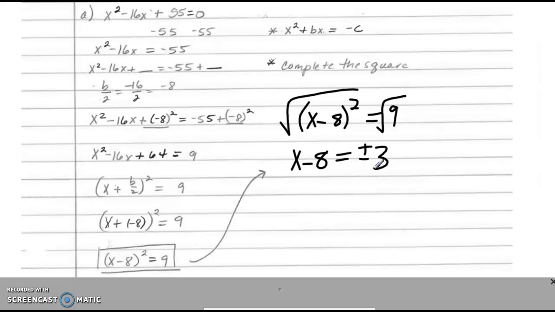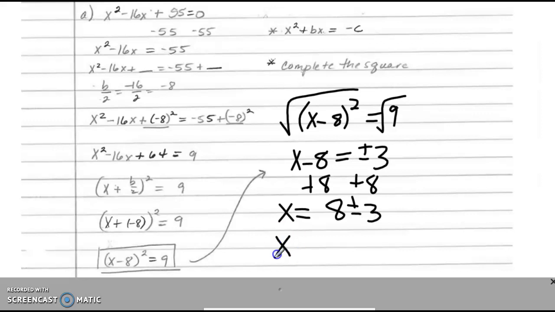Okay, so how now do I get x by itself on the left? Add 8. So I'm going to add 8. And here's how that's going to look on the right. We're going to take 8 plus or minus 3, because we have positive or negative 3. So we have to add 8 to both of those to get 2 answers.